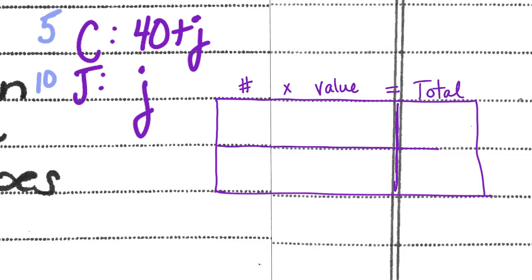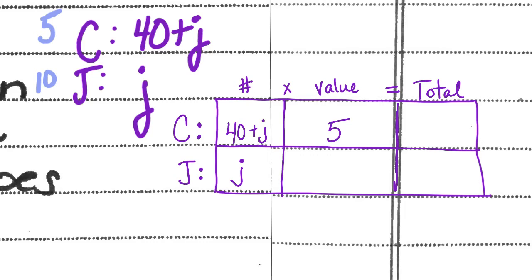So the number of coins that Carrie has is 40 plus J. Sorry, I make a weird J. This is Carrie. This is Joan. Joan has J. The value of Carrie's coins, well, she only has nickels, so they're 5 cents. Joan has dimes, so those are 10 cents. And if I multiply these together, don't forget your parentheses.